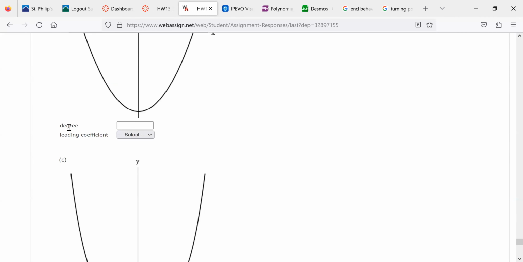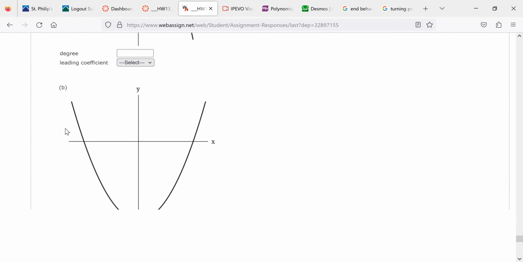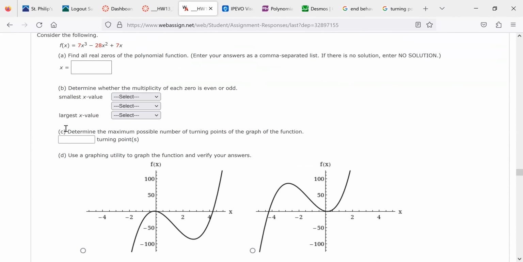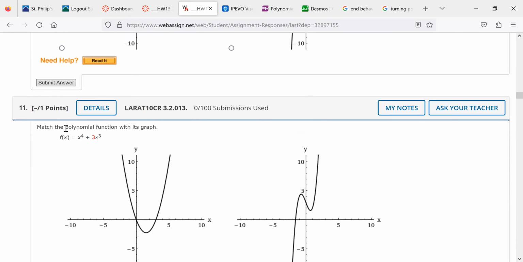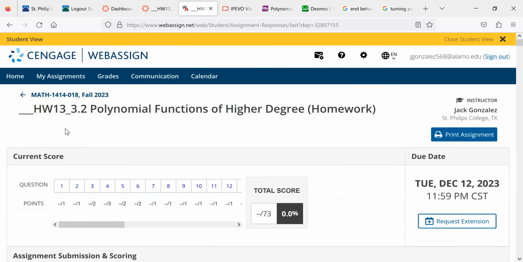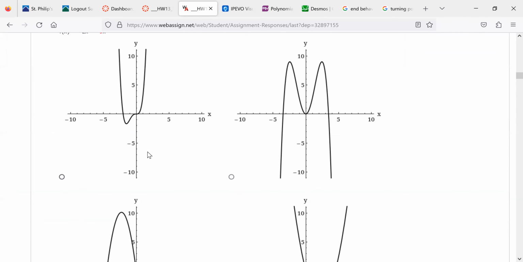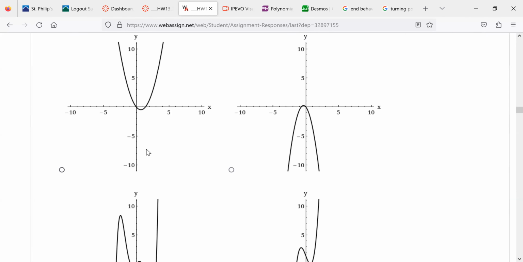All right. I think that's pretty much it for this section. Do you guys have any questions on these concepts? End behavior, even and odd functions at higher powers, multiplicity.